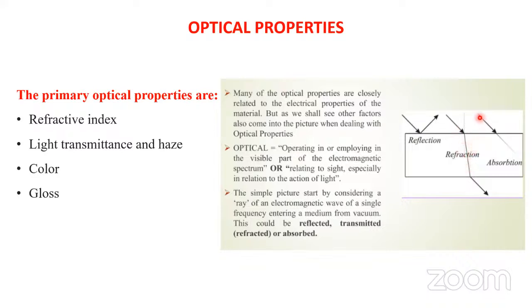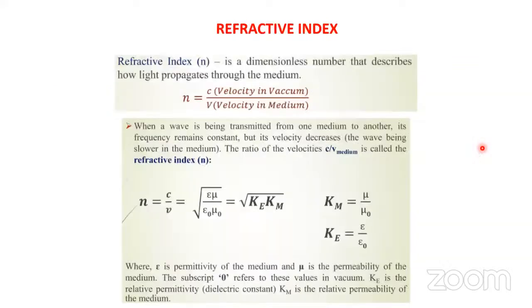And if the whole light gets absorbed by the polymeric system, then we call it absorption. Then how you can calculate the refractive index, the formulas have been given here, with the constants and all.